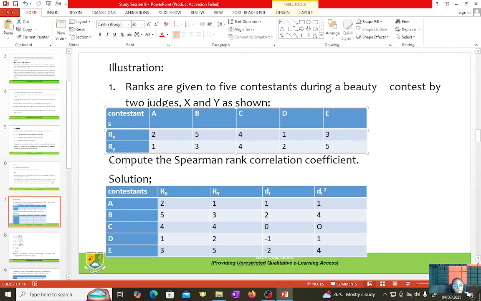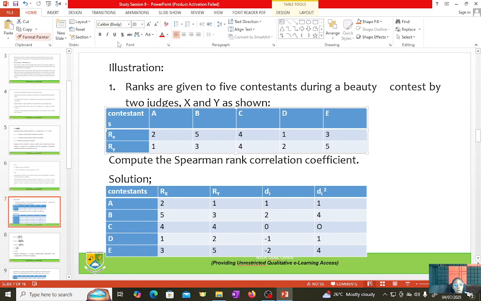So the question went ahead to say, compute the Spearman's rank correlation coefficient. And what does the formula of the Spearman correlation coefficient demand of us? The difference in ranks and the number of variables. The number of variables is 1, 2, 3, 4, 5. So our n is 5.